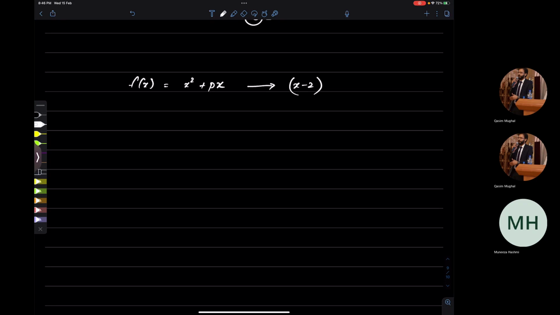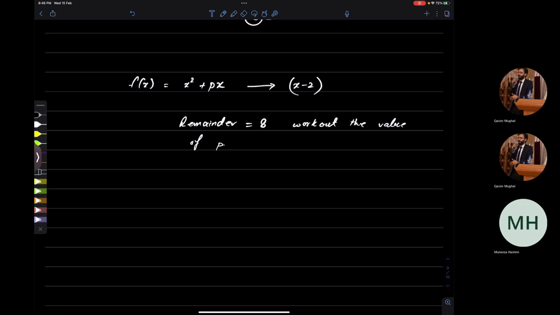I'm telling you the remainder. If you divide this by x minus 2, the remainder is 8. Now work out the value of p.